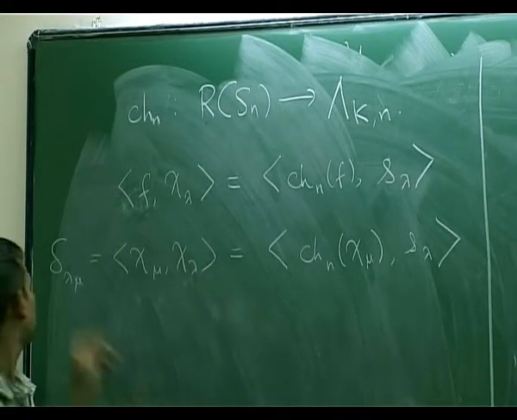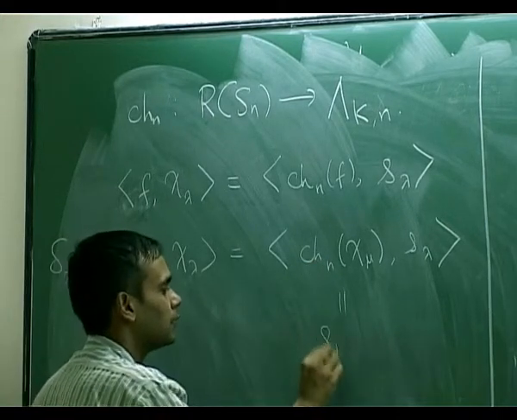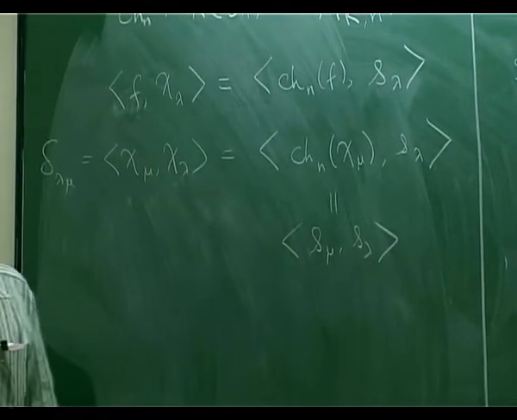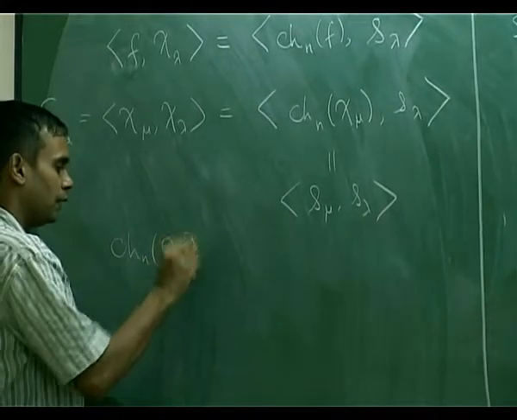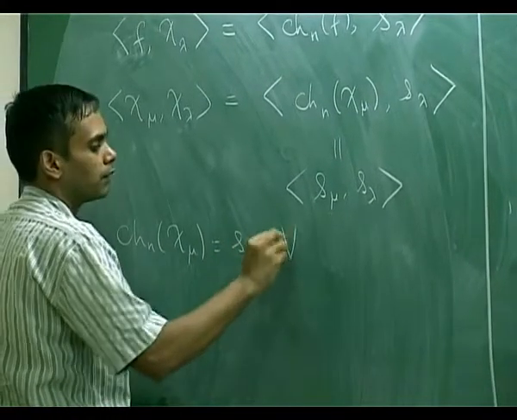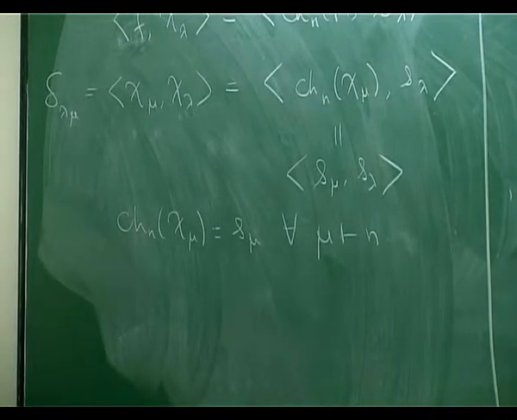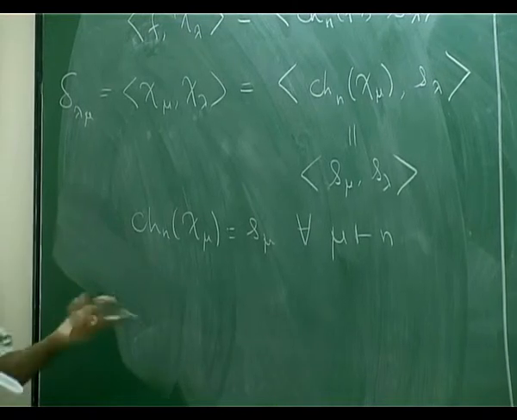But delta lambda mu is the characteristic function of S mu against S lambda for all lambda and mu. So you can conclude that the characteristic function of chi mu is S mu for all partitions mu of n. So that's another nice property of this characteristic function. It takes the irreducible characters to Schur functions.